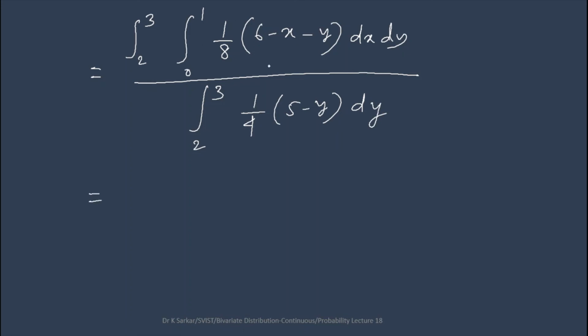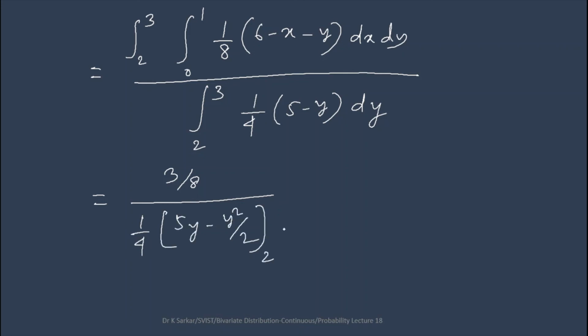Now this much we have already found, and that was 3 by 8. Below, let us do this one: 1 by 4 times 5y minus y square by 2, limits are 2 to 3.